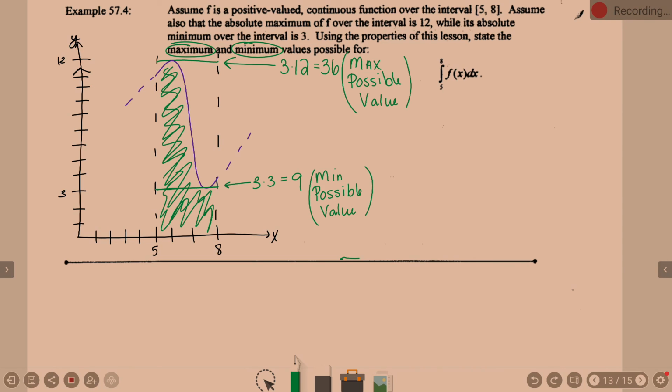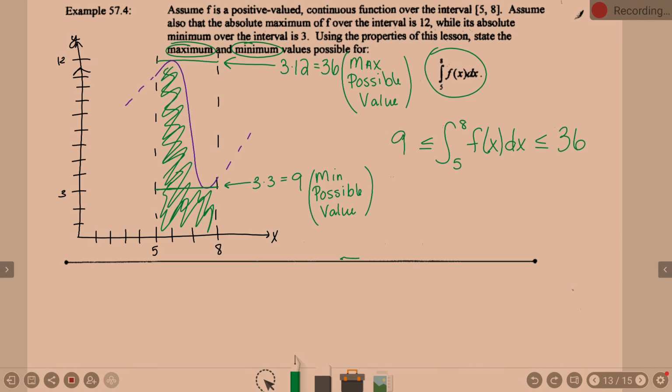Okay? And so they asked us to state the maximum and minimum possible values. If I want to get mathematical here, the integral from 5 to 8 of f of x dx is less than or equal to 36, and greater than or equal to 9, as in it is between 9 and 36.